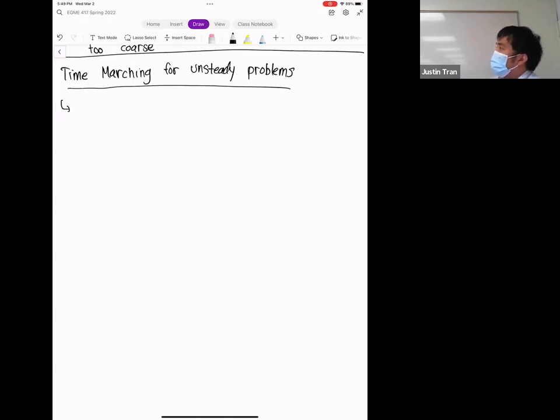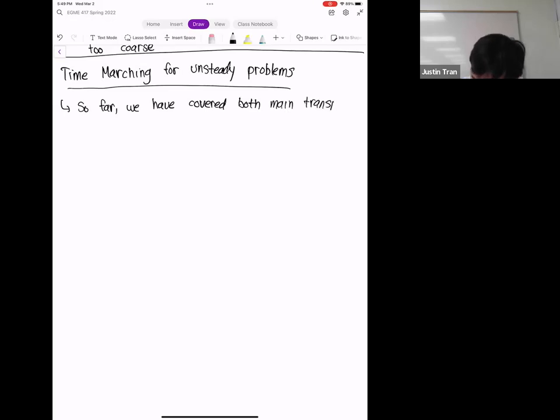And so let me start this off by saying that so far we've covered the two main transport mechanisms. Those mechanisms being diffusion and convection.